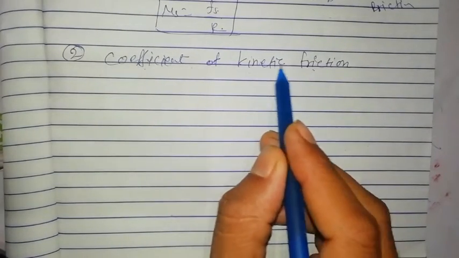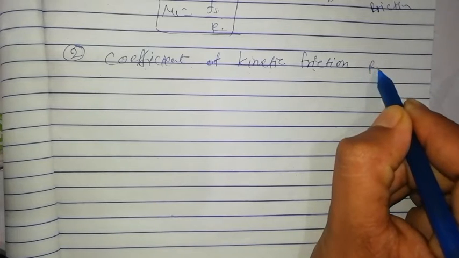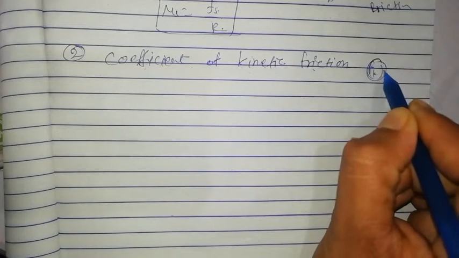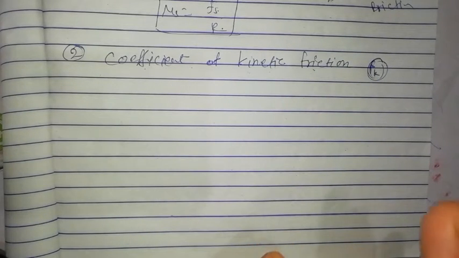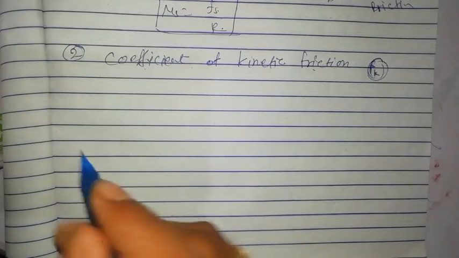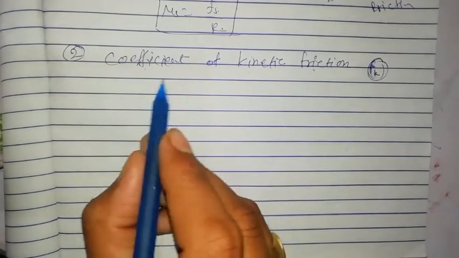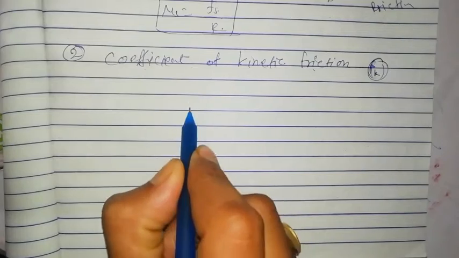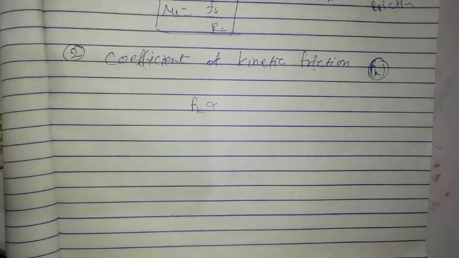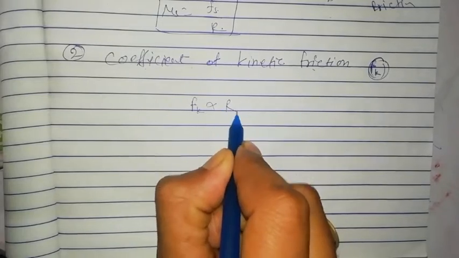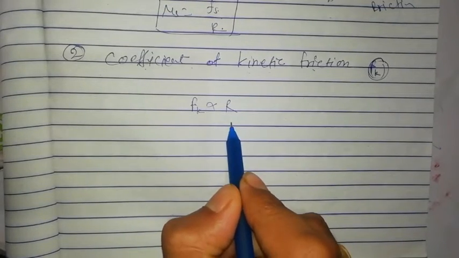The force of kinetic friction, Fk, between the two surfaces in contact is directly proportional to the normal reaction. Similarly, the force of kinetic friction small fk is directly proportional to the normal reaction between the two surfaces in contact, that means capital R. Capital R is the normal reaction.